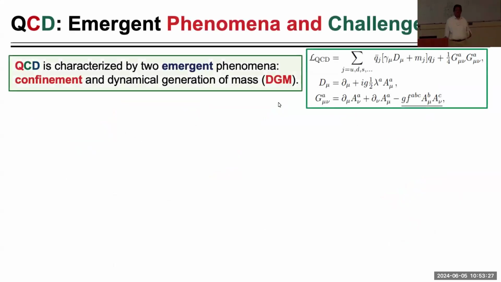So when we do experiments like EIC or Jefferson Lab to study the internal structure of these particles, what do we want to understand? Of course, we want to understand the underlying working or dynamics of the interaction that is giving the particle these structures, and in this case, that is quantum chromodynamics.